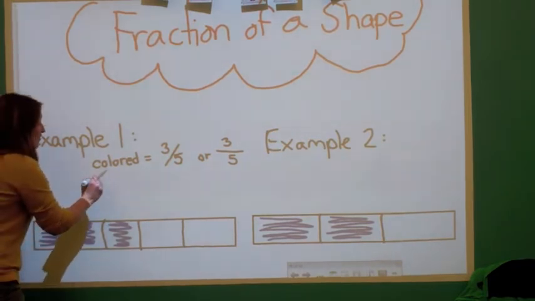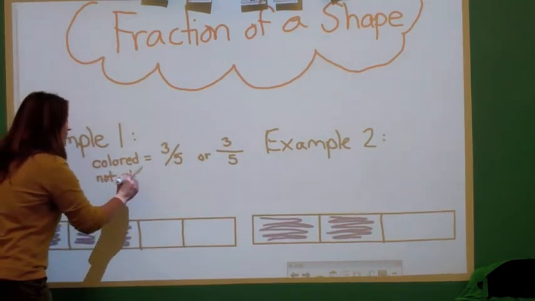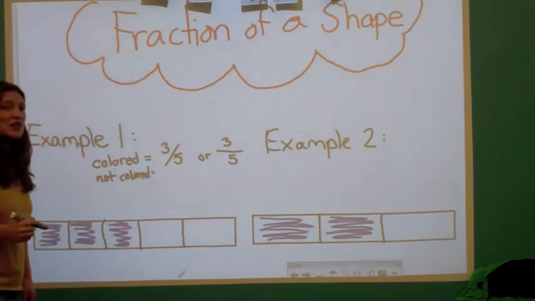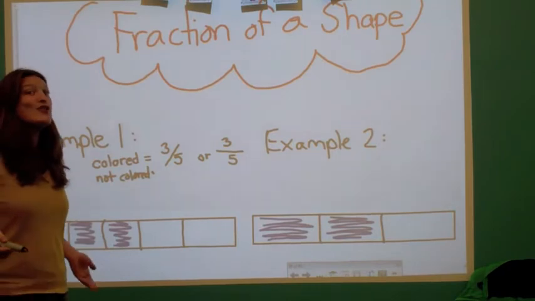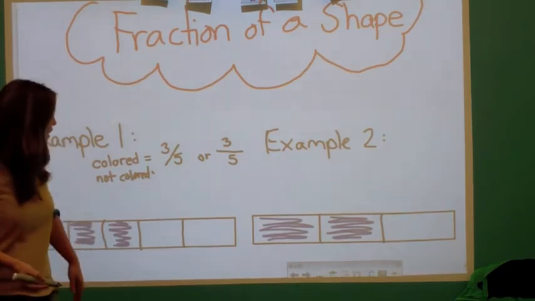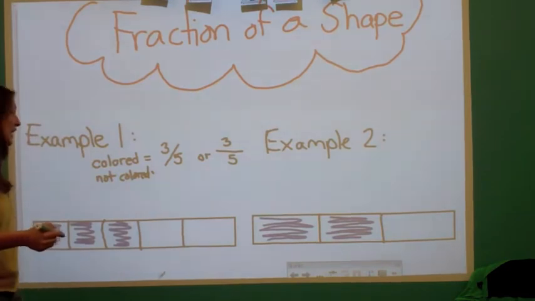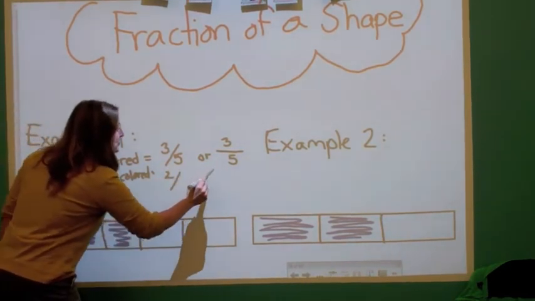Now let's see the fraction that is not colored. So when I'm looking at the section that's not colored, I'm only going to count the pieces that don't have any shading. So in this case, I only see 2 pieces that don't have any shading. So that's going to be my numerator.